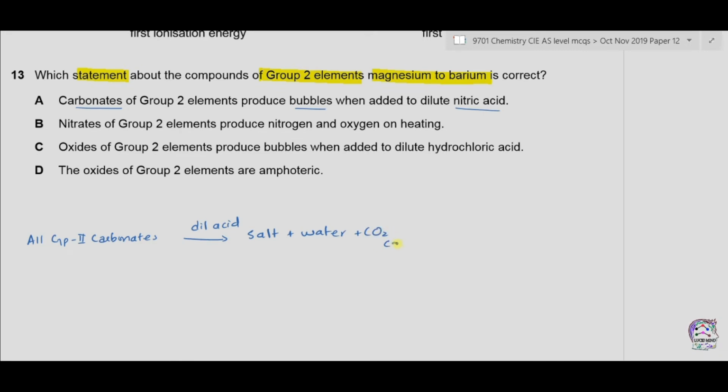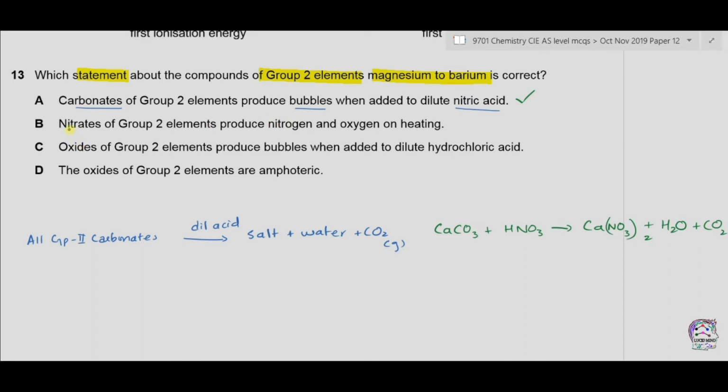As carbon dioxide is in gaseous state, bubbles will be produced. For example, calcium carbonate will react with dilute nitric acid to form calcium nitrate along with water and carbon dioxide. So option A is correct.